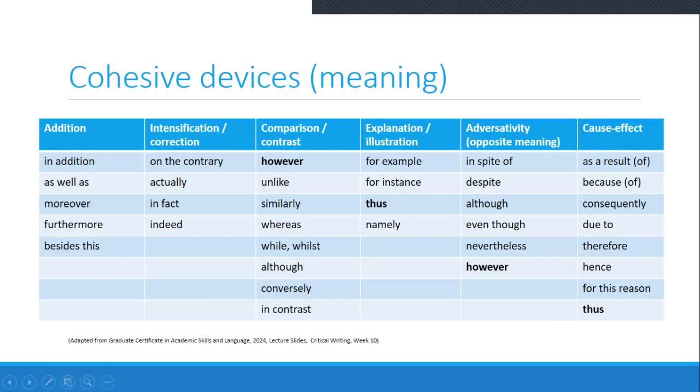And as you can see, the same cohesive device can be used for different meanings, right? For comparison and contrast also we can use however when we have to give opposite meanings. Then for illustrations also we can use thus, and for cause and effect also we can use thus.